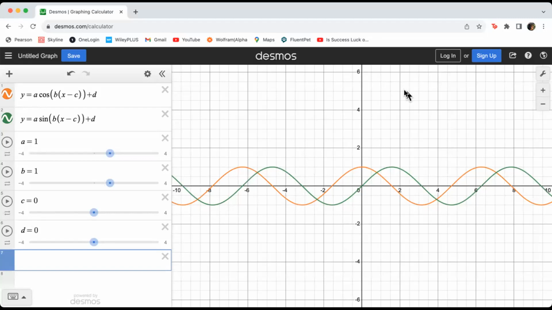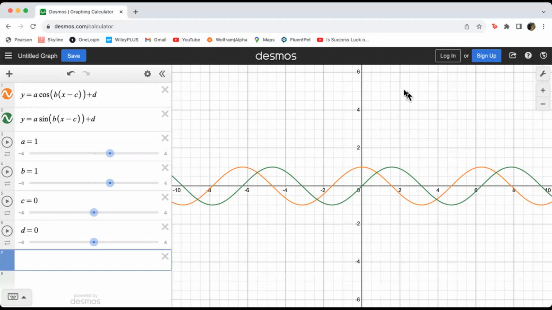So here we have a graph of cosine in orange and sine in green. It's October, so I'm just going to use some nice October looking colors. And I have set up a cosine and a sine with the 4 things I'm interested in changing.